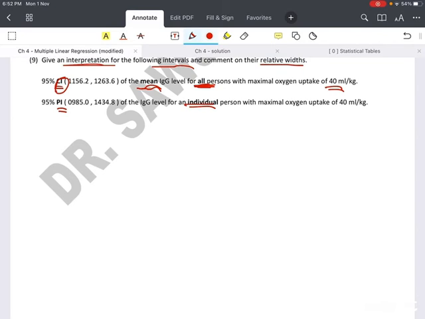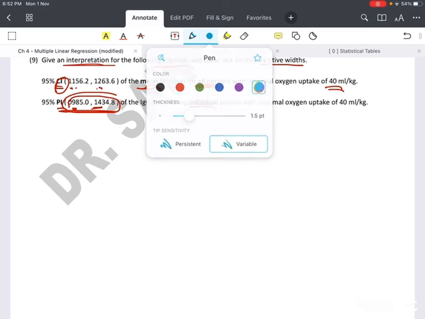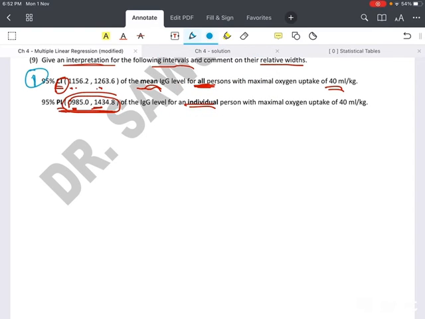Looking here, from 1 to 2, which is 11,000 and 12,000. Then here you will find it will be from 900 to 14,000. So this interval is bigger. You will write for this one, this will be 1, this will be 2.